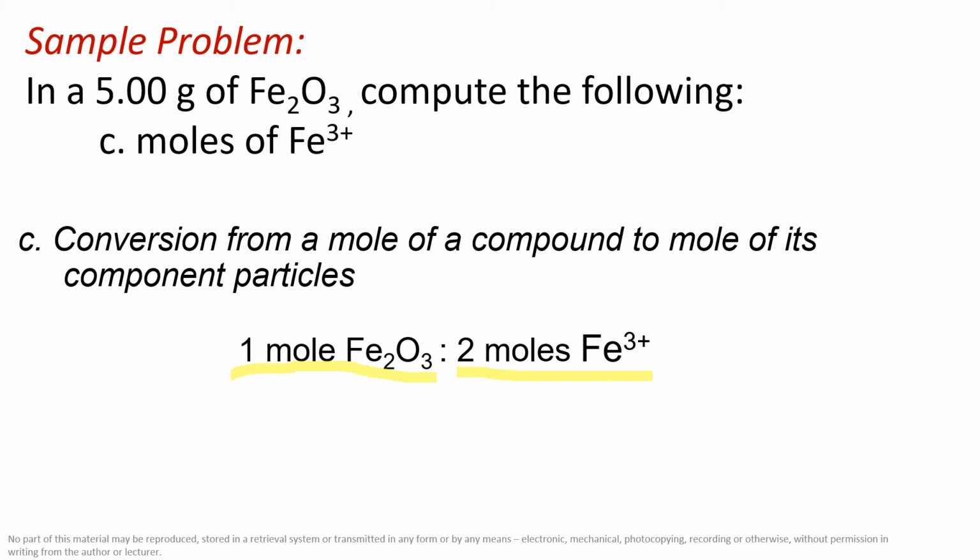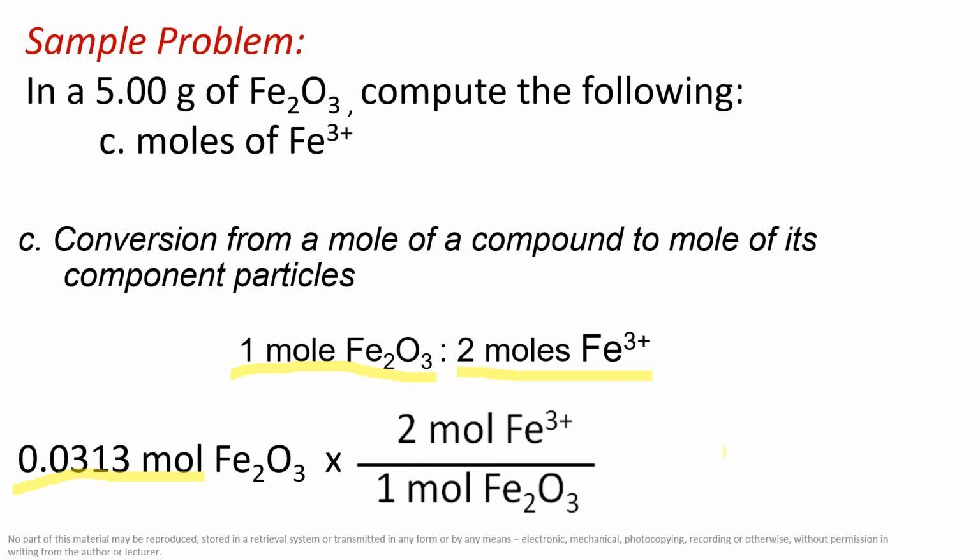Now let's calculate. We already got the moles of the component particles, and earlier we calculated 0.0313 moles of ferric oxide, multiplied by, in every 1 mole of ferric oxide, again, 2 moles of iron.